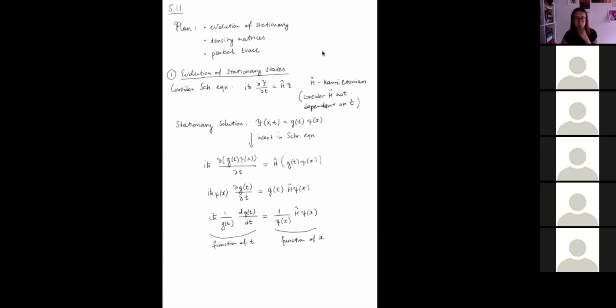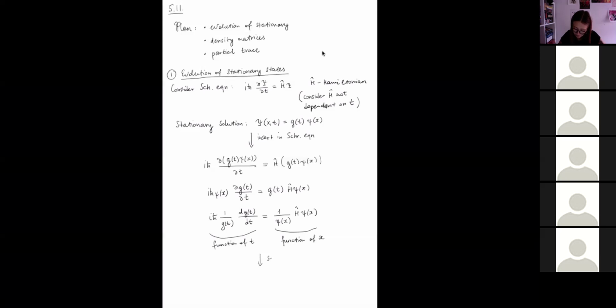And essentially, the only way both sides can be equal to each other for all values of x and t is for both sides to be equal to some constant. And let us call this constant E.